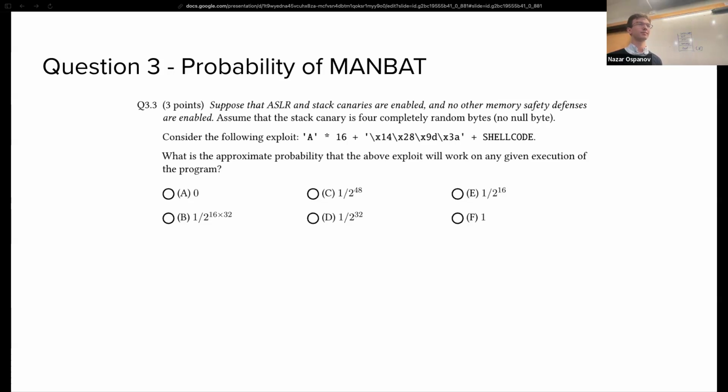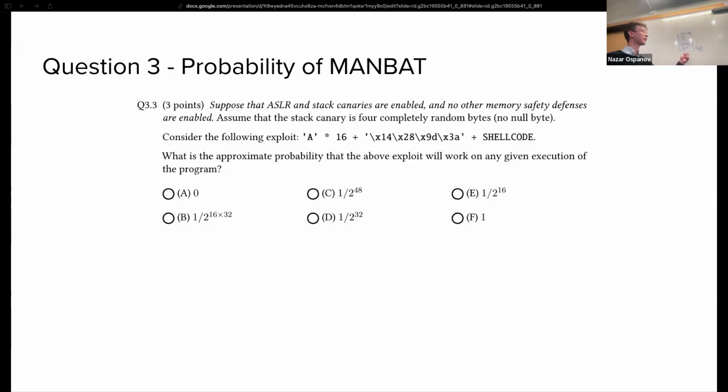So it's 1 over 2 to the 16 times 2 to the 32. Yeah, so it's 1 over 2 to the 48. Completely correct. Yes. As Cecilia mentioned, the probability is going to be 1 over 2 to the 48. And this is because, take a note of this stack diagram.